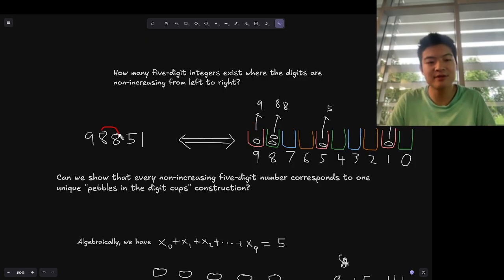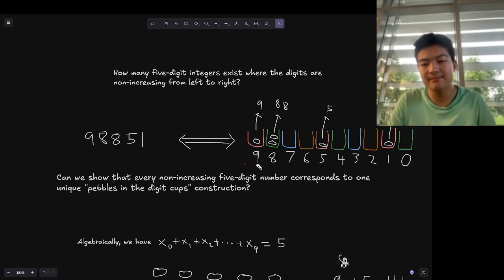And I want to turn these two 8s into 2 different pebbles, and then drop the 2 pebbles into the digit cup labeled 8. And here I see a 5. Then I turn this 5 into a pebble and drop it into the digit cup labeled 5. Similarly, if I have a 1, imagine turning this 1 into a pebble and dropping it into the cup labeled 1. So this is how I go from left to right.